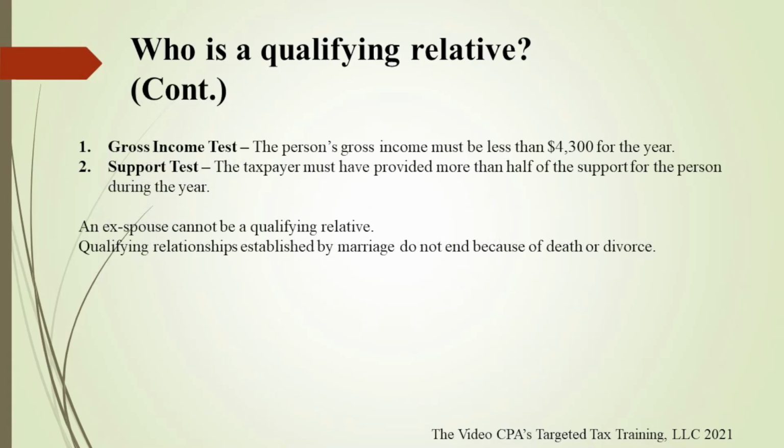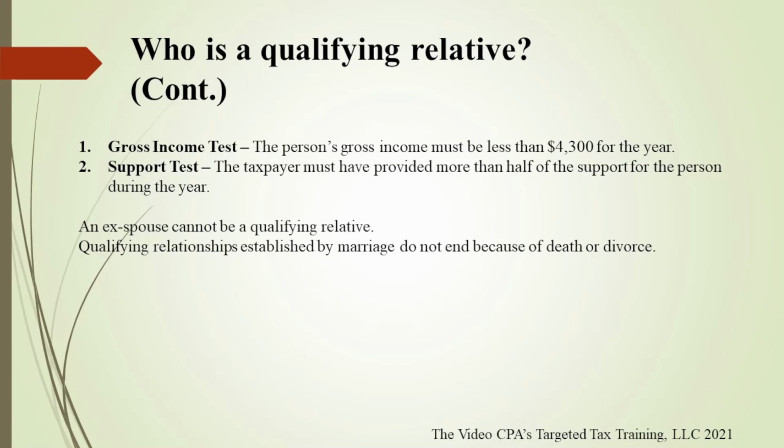Now let's look at the other 2 requirements. First, the gross income test. Okay. A person cannot have earned more than $4,300 for the year. Now, this figure changes every year. It goes up a little bit with inflation. So the $4,300, I believe, is for 2021.